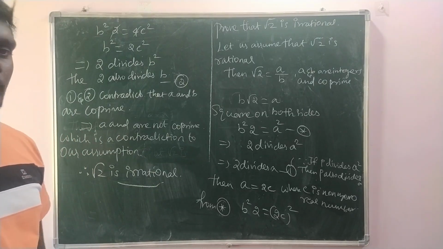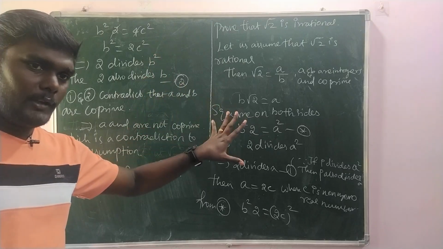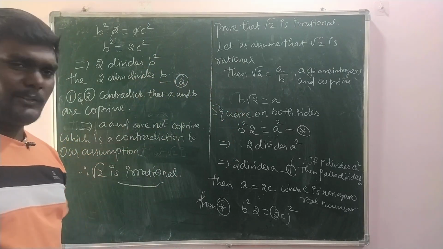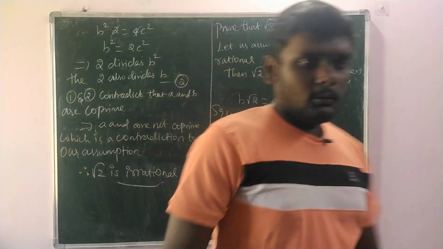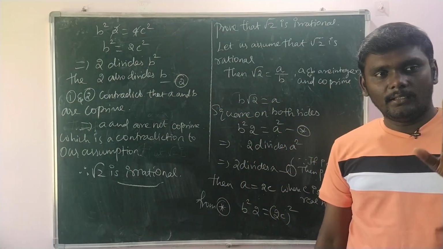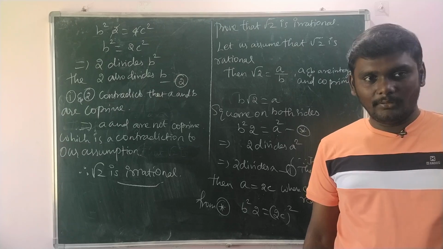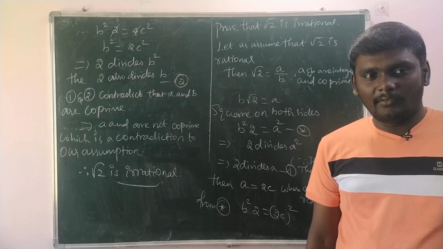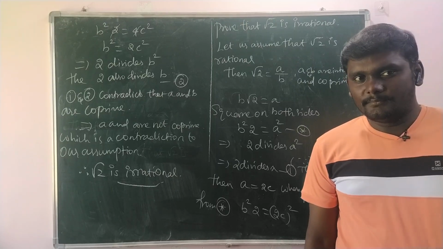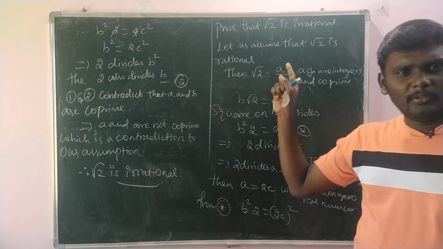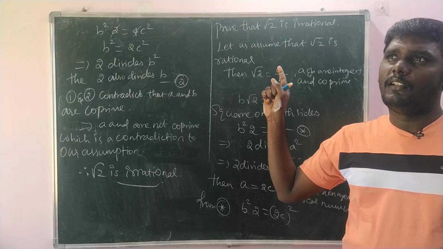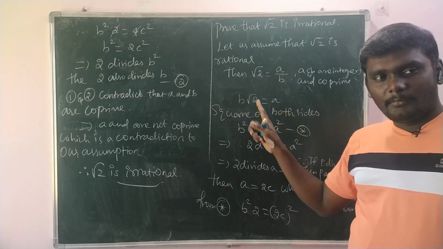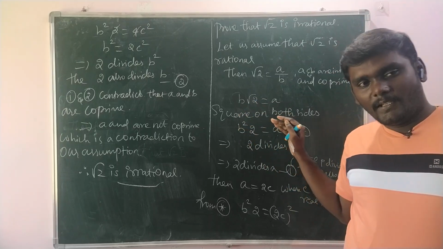Okay. See, this is a standard format. Whatever number you put in this format, exactly this is the concept. The walkthrough of the proof is, you just assume the given number as rational, as A by B, some people may say P by Q, whatever. Then cross multiply, and then square on both sides.